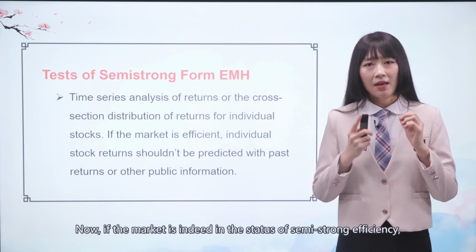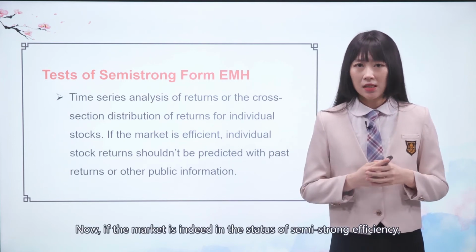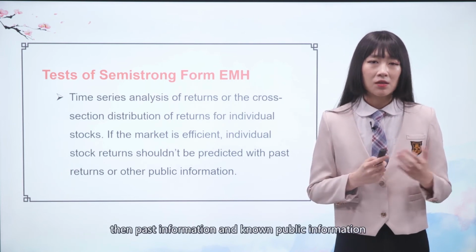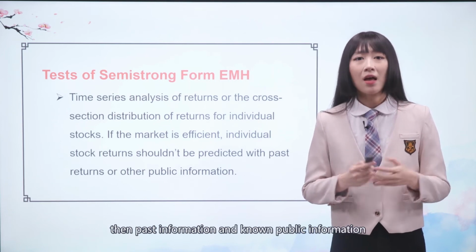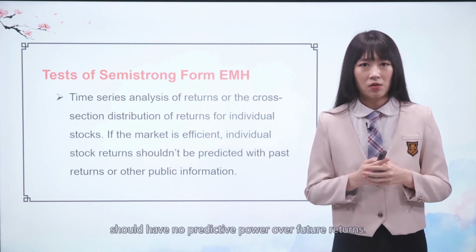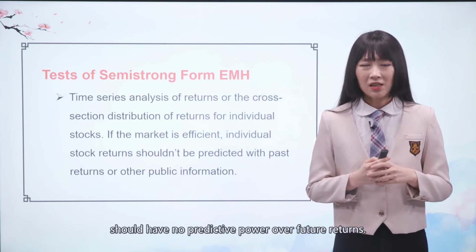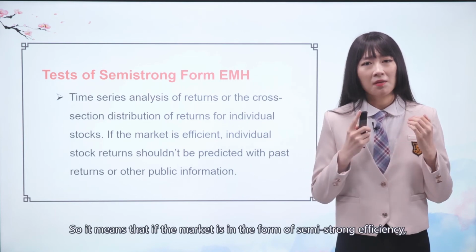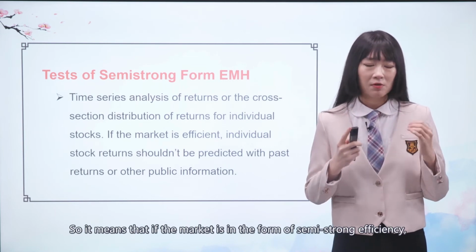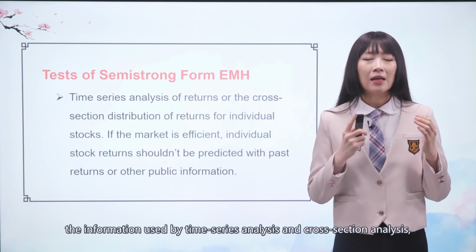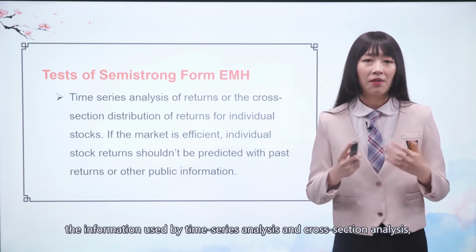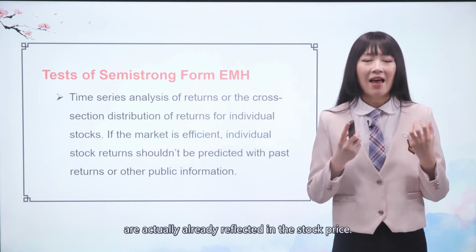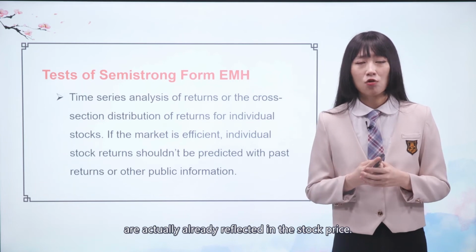Now, if the market is indeed in the status of semi-strong efficiency, then past information and known public information should have no predictive power over future returns. It means that the information used by time series analysis and cross-sectional analysis is already reflected in the stock price.